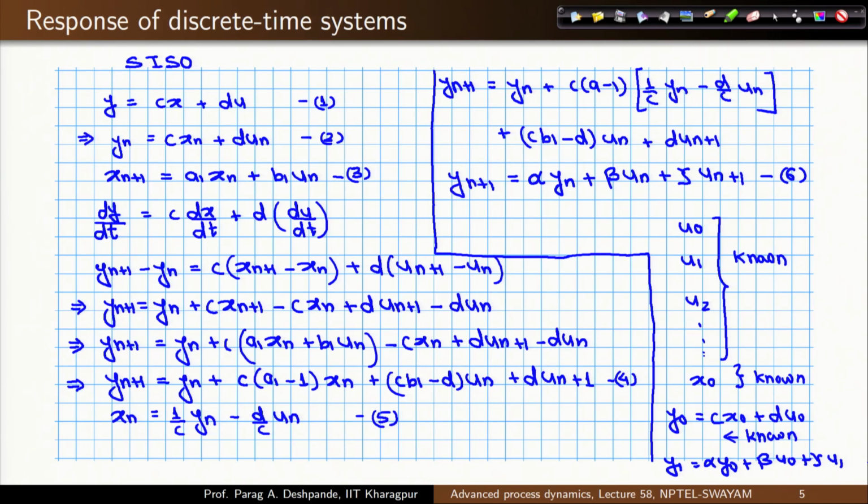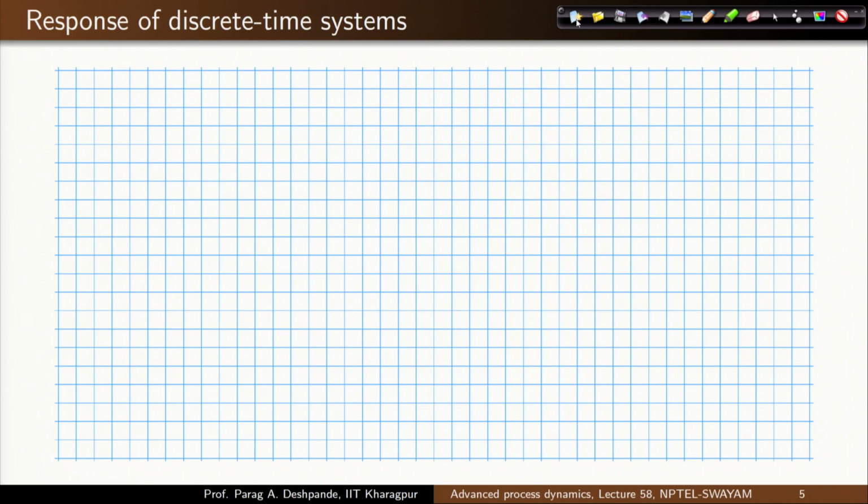So, this was the way to convert a single input single output system to a difference equation form, right. So, now let us extrapolate this to obtain the relationship for a MIMO system.